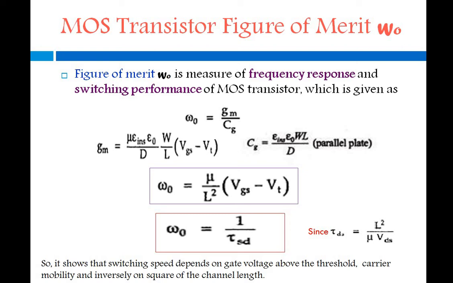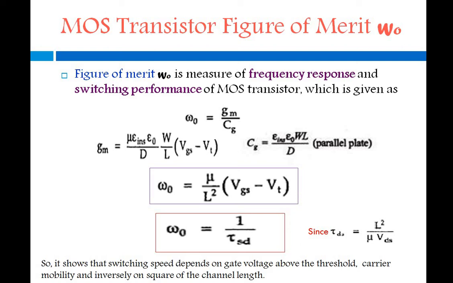Now next we are going to see the frequency figure of merit of your MOS transistor, which is denoted by omega naught or W naught. The figure of merit gives the measure of frequency response as well as the switching performance of a MOS transistor.